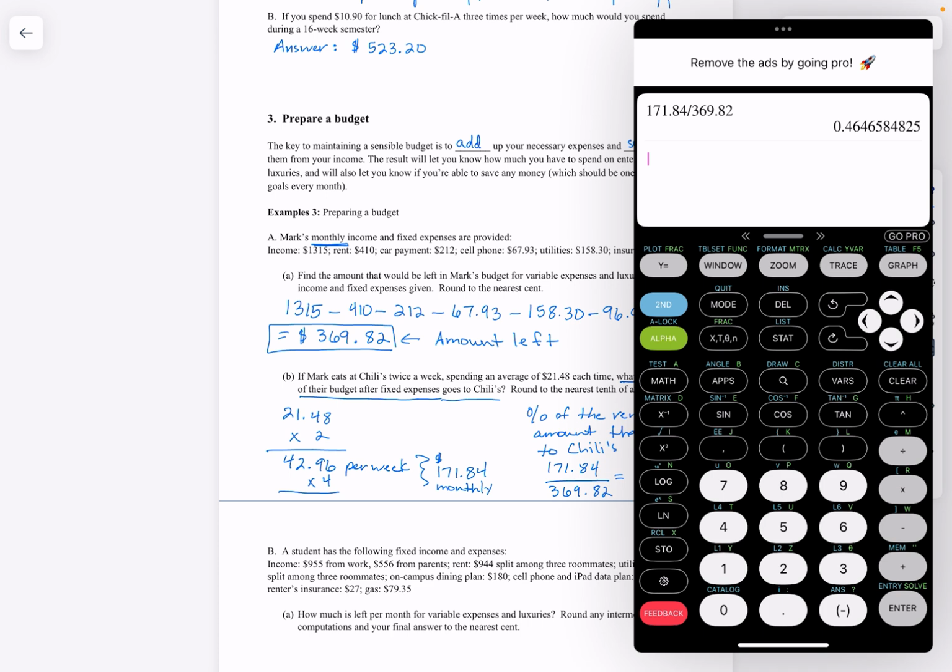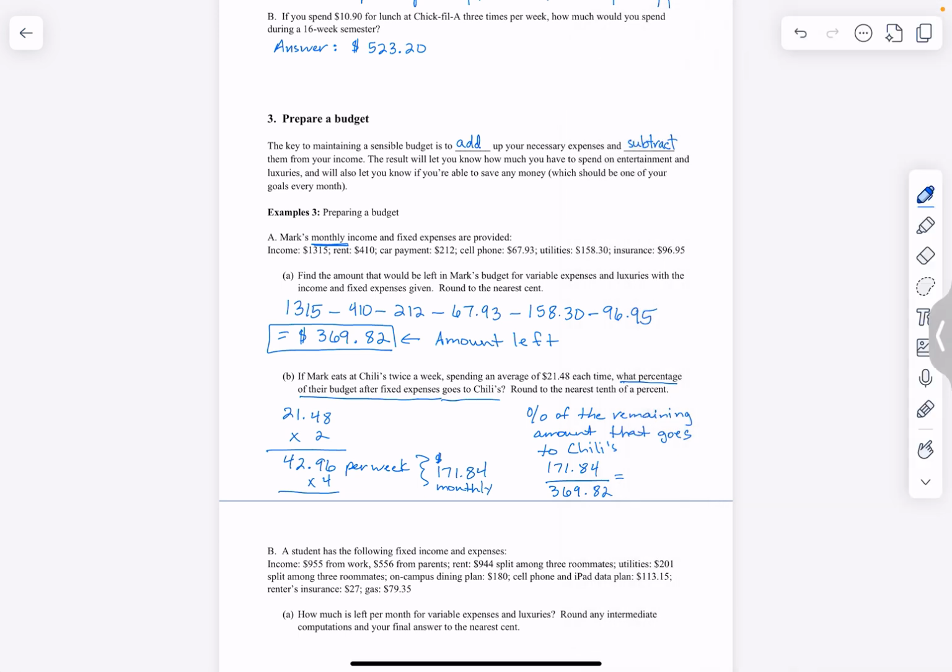So let's write a little bit of this decimal down: 0.4647. Then if we move our decimal 2 spaces, we get an answer of 46.5%.